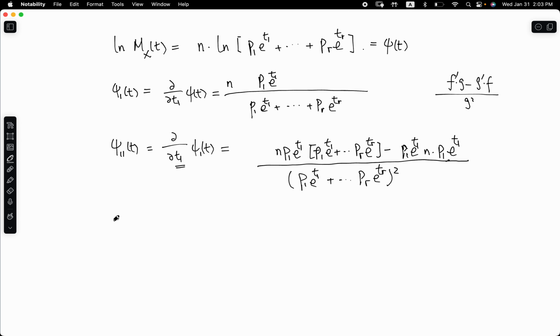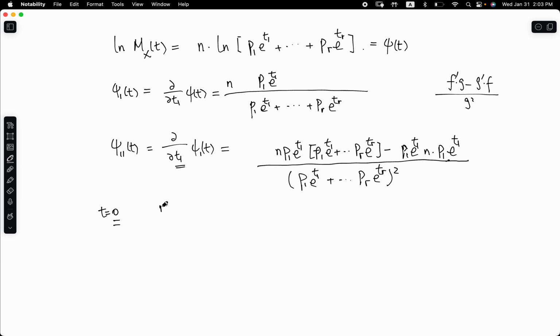Okay, so let's group things together. We will have, maybe I'll just leave it in this form. And now we're going to evaluate the variance. So just let t equal to 0. So we just need to plug in everything, let all the t's equal to 0.